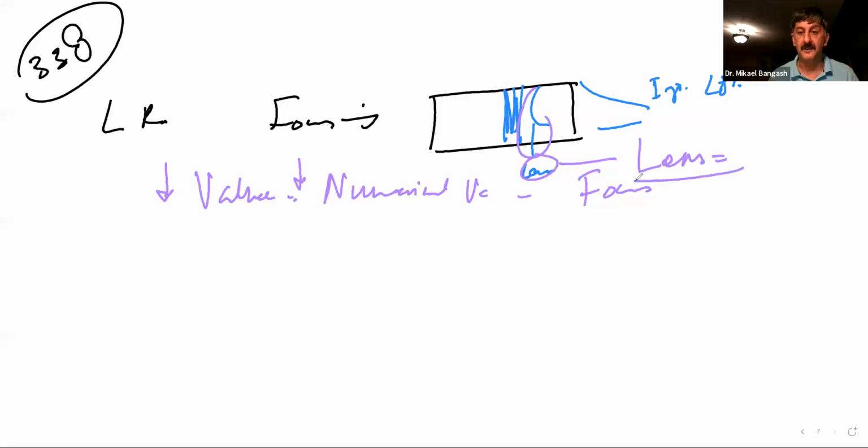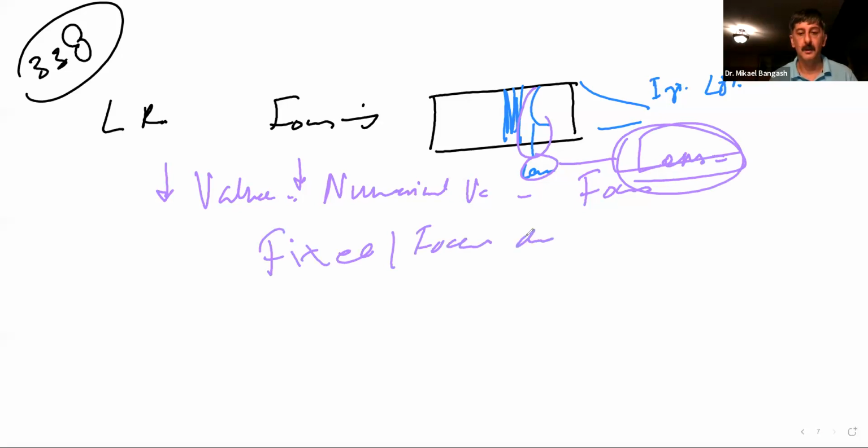Fixed? Now, when we say fixed, yes, but my question is still not answered. Because when we say fixed focus, that's due to using a lens.